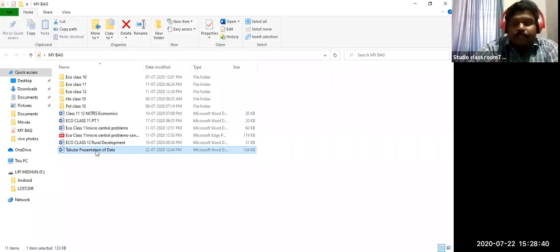Okay, so just check the screen. You can see tabular representation of data, in your textbook, page number 44. You can see there are a number of parts for a table. A table is always connected with two words, rows and columns.